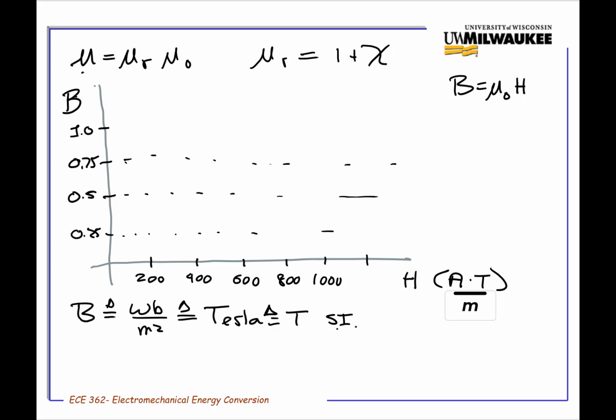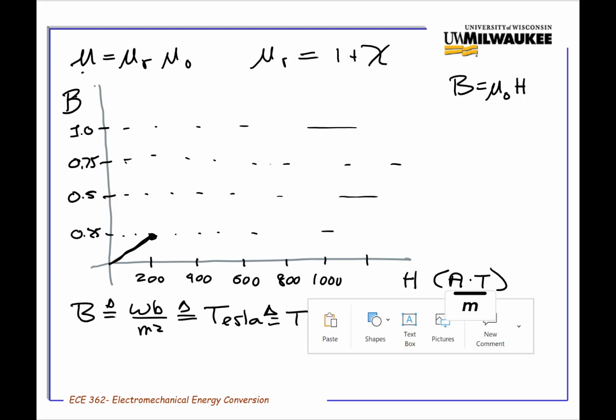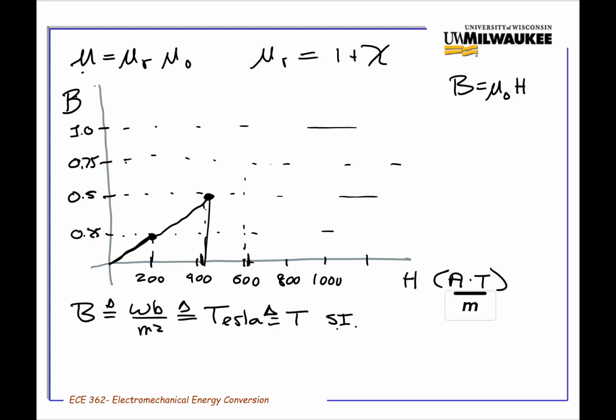So these intersecting points we're going to talk about here. At 200, that point right there is the flux density in air. At 400, I can get to 0.5. I'm going to move these points a little bit, I think.